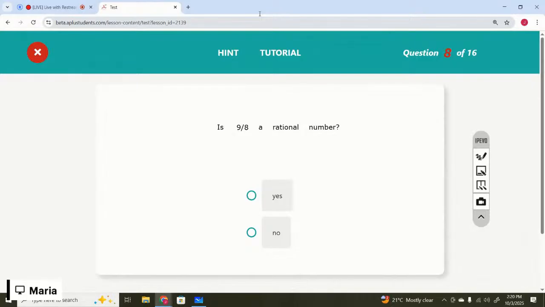Is 9 by 8 a rational number? Yes, it is.